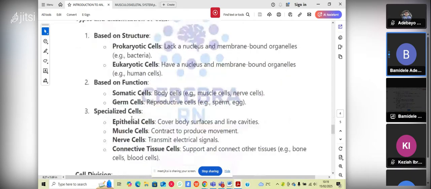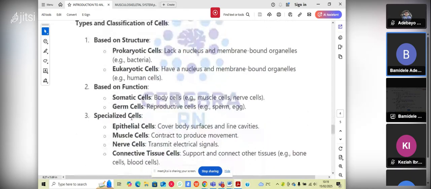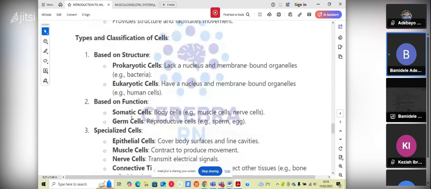We have types of cell. This is very important because of their structure or because of the function which they perform. Some cells are prokaryotic, that means they don't have a nucleus and they don't have membrane-bound organelles, such as bacteria.